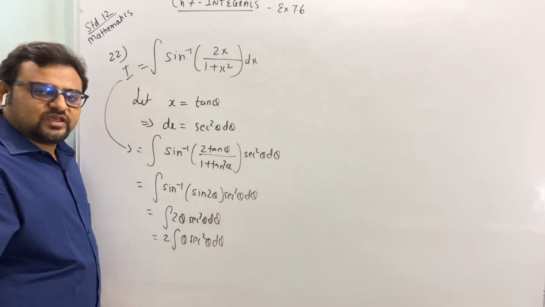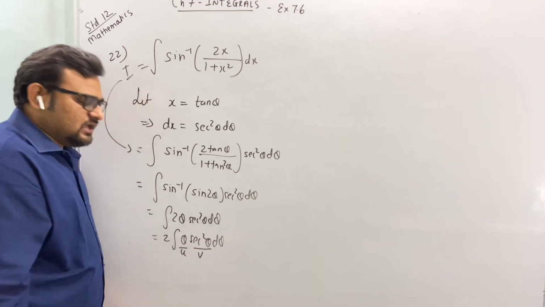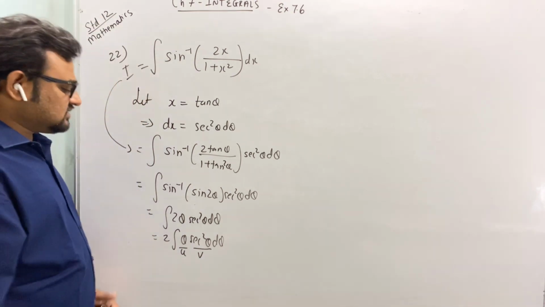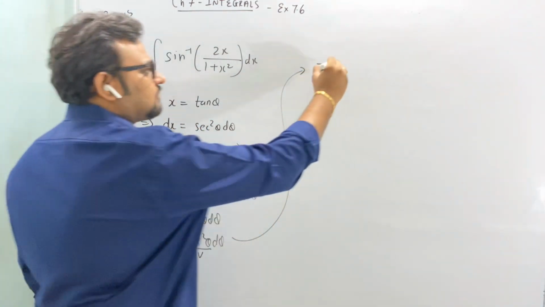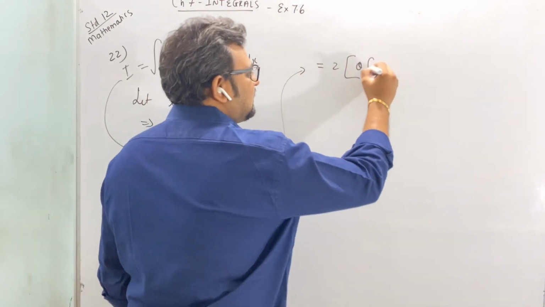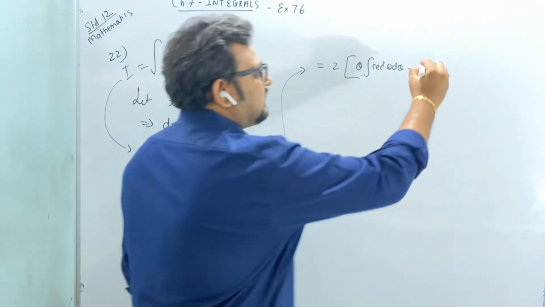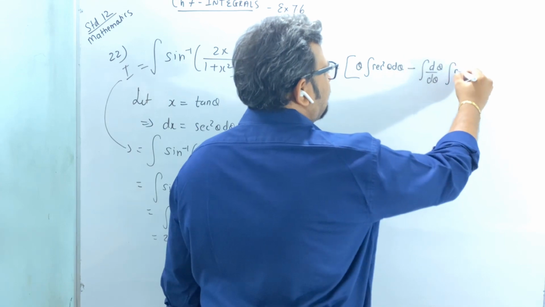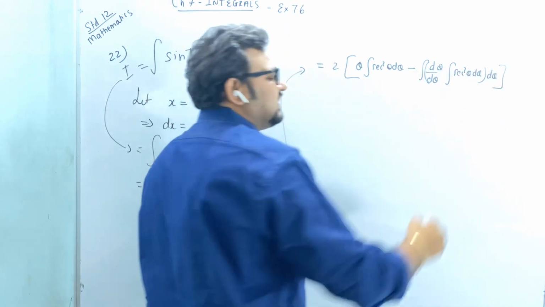So for u v, algebraic will be u and trigonometric will be v. So now we will use again the product rule, integration by parts. This will be equal to 2 theta as it is, integration of sec square theta d theta, minus derivative of theta, integration of sec square theta d theta, into d theta.